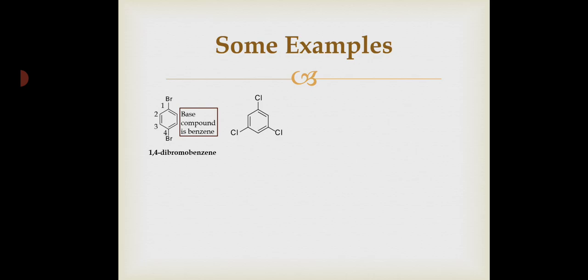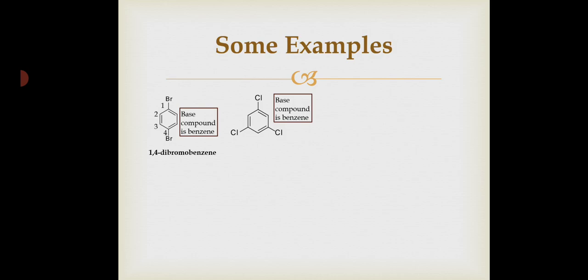The next compound has a benzene ring with 3 chloro substituents, and here also the base compound is benzene. Now we need to number this benzene ring to indicate the position of the chloro groups.